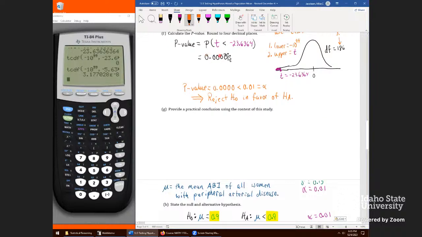Okay, in this situation where that is, again, an astronomically large number of standard deviations that the sample mean was away from 0.9, it's not a bad idea to say words like this.